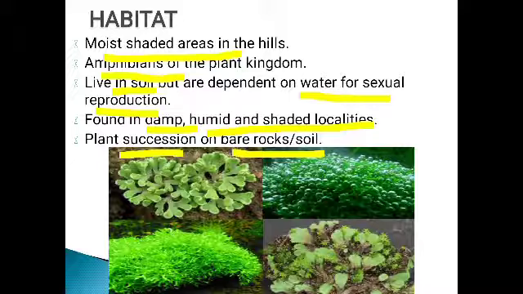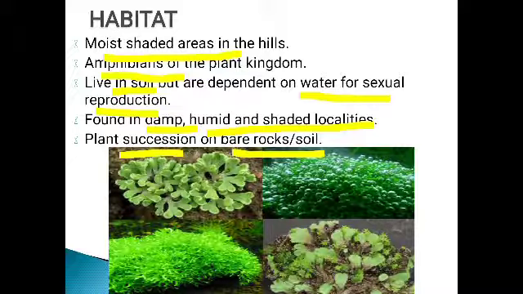Here both are mutually benefited, so they live together. This lichen can grow on the rock surface. So in a bare rock, the first organism to inhabit it is the lichen.